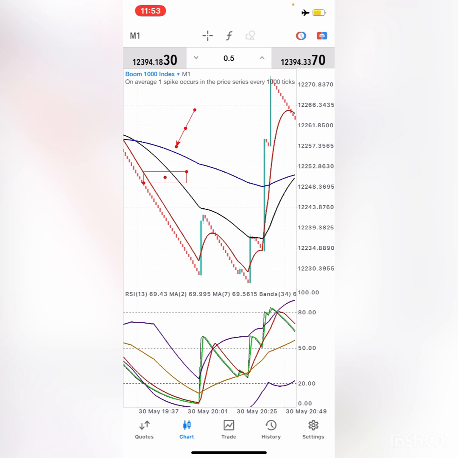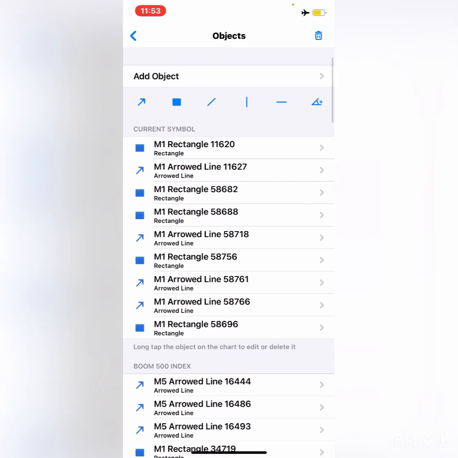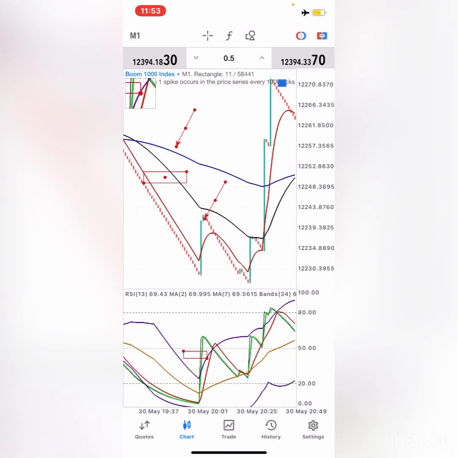Second condition is you wait for a spike, and that spike should be below the 50 line, and that's exactly what you're seeing right there. And then you want your green line to touch the top Bollinger Band, and it did. And you take your 5 to 10 candlesticks, as you can see right there.